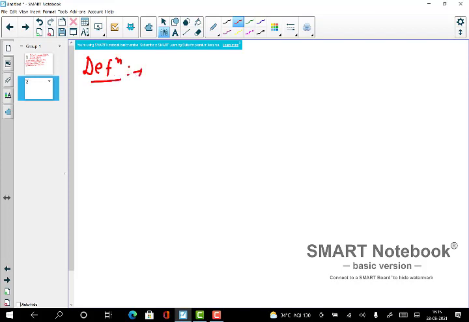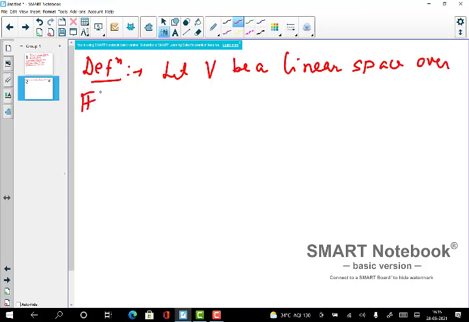Let V be a linear space over some field F, and you have a linear operator T, which is an element of L(V).